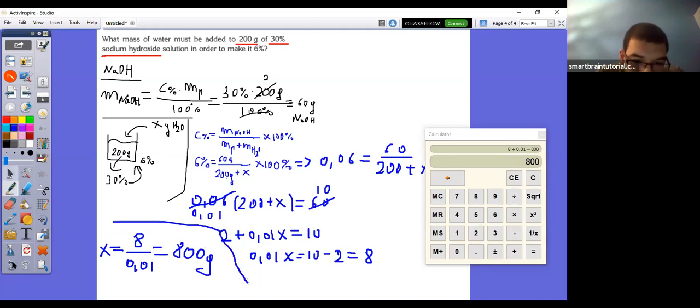So we must add 800 grams of water in order to change the concentration of the first solution from 30% into 6%. Do you get it? Yes, I do.